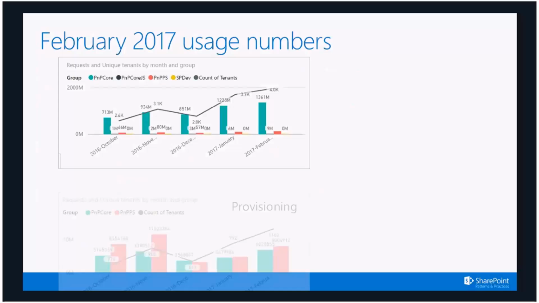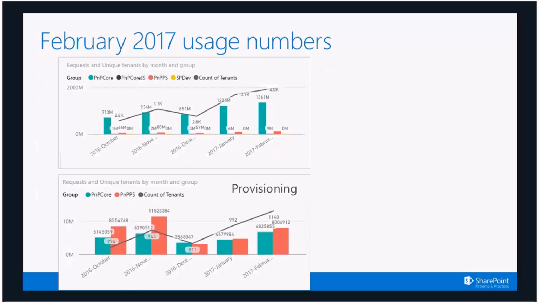From a site provisioning perspective, we hit our record from a tenant usage perspective, so 1,140 tenants actually use the PnP provisioning engine. And that's a pretty significant number, obviously. The second super interesting thing on this one is that you're able to see how people are using the PnP provisioning engine.